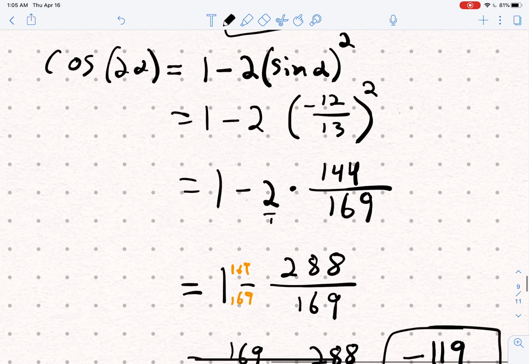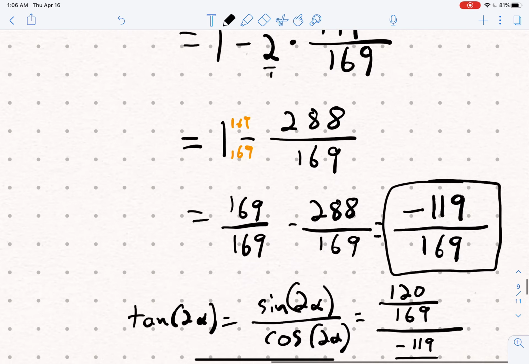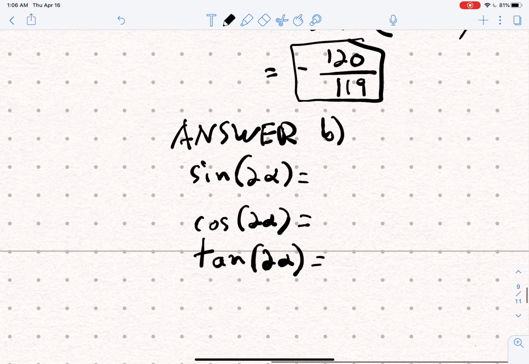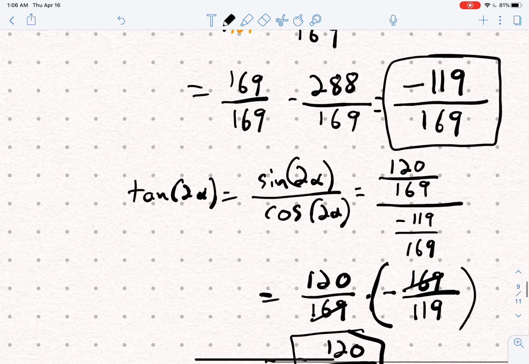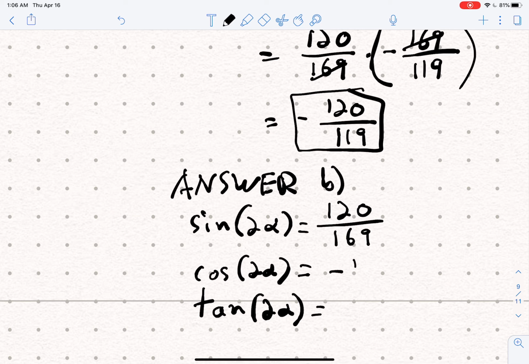So collecting our answers, sine of 2 alpha was 120 over 169. Cosine of 2 alpha was negative 119 over 169. And tangent of 2 alpha is negative 120 over 119.